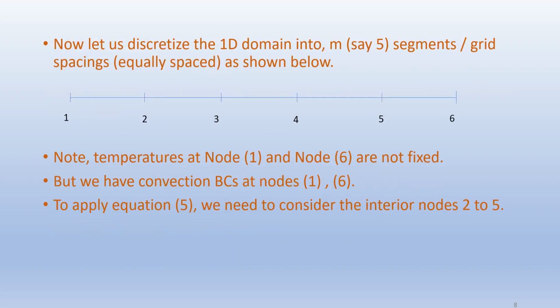Now let us discretize the 1D domain into, say, 5 segments or grid spacings, equally spaced as shown below. Note that temperatures at node 1 and node 6 are not fixed as in the Dirichlet boundary conditions, but we have convection BCs at nodes 1 and 6. To apply node equation 5, we need to consider the interior nodes 2 to 5.